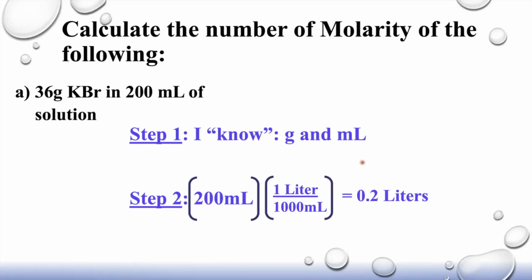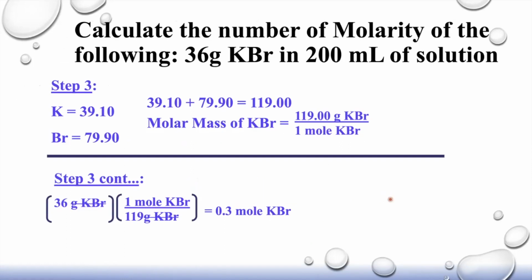So first of all, to calculate that molarity, we know grams, we know milliliters. Let's go ahead and convert milliliters into liters. Boom. You already know how to do that, so let's follow to the next. Then we need to calculate the molar mass for KBr.